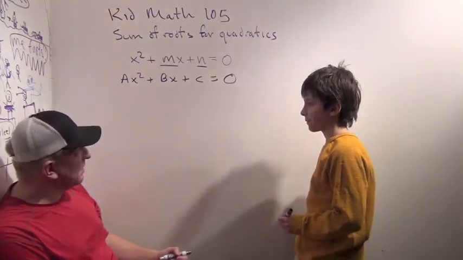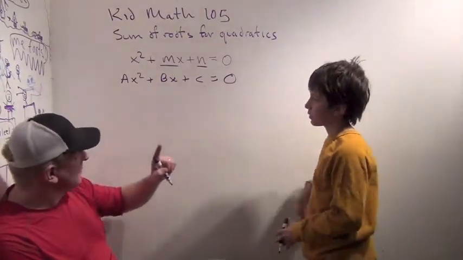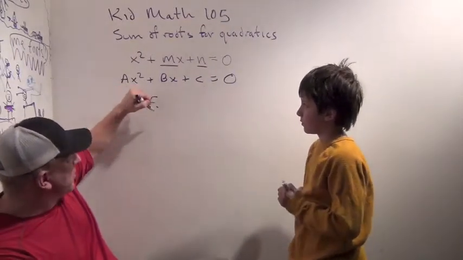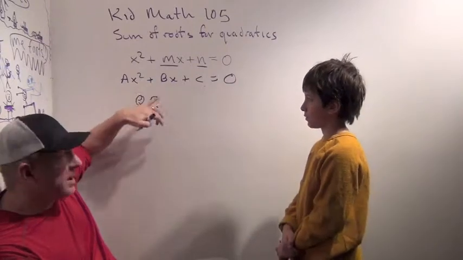Now let me show you another way. We're going to use the quadratic formula, and we better hope we find that the sum of the roots is minus b over a.